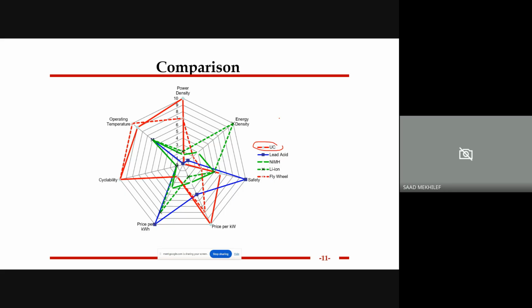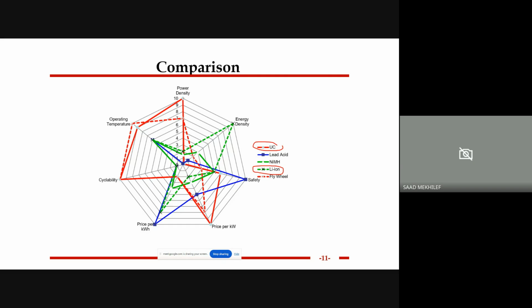The opposite holds for batteries. If you look into lithium ion batteries, they have a very good energy density, but very low power density.